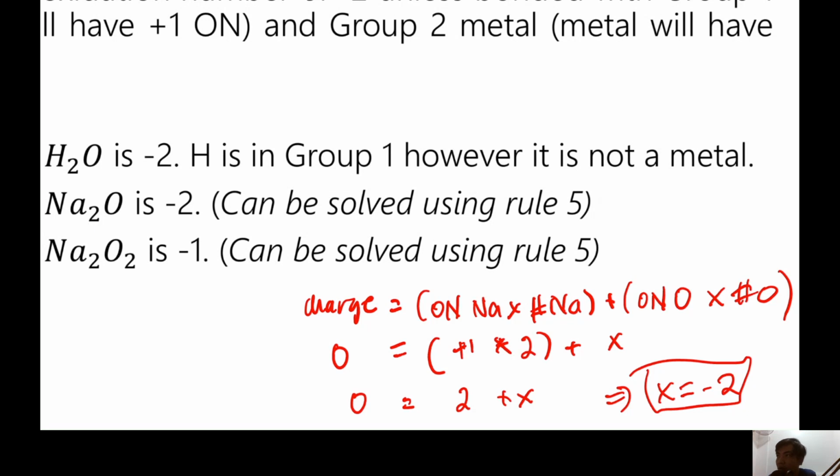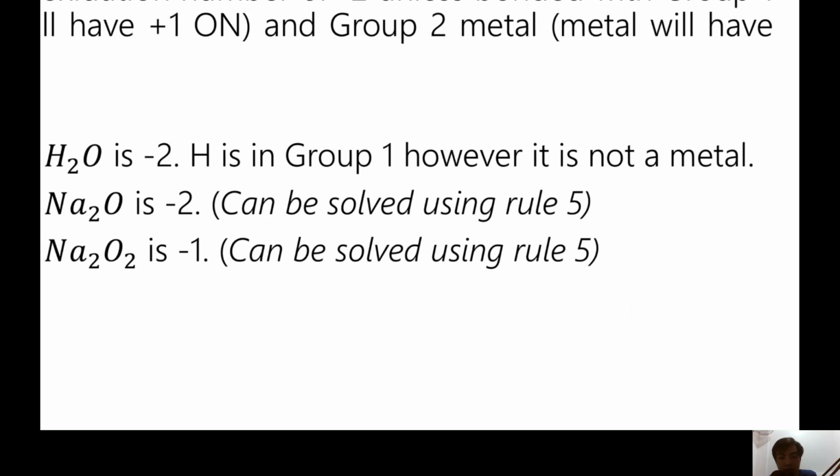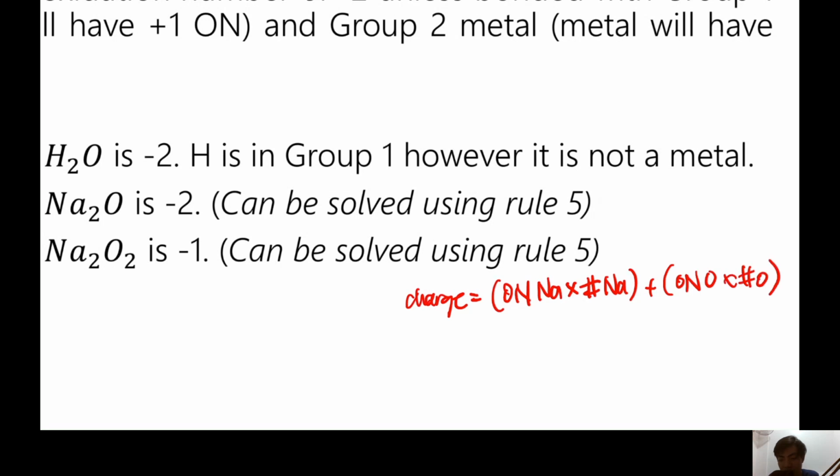So where does the exemption come in? For example, this last molecule, Na2O2. What is the oxidation number of oxygen? It says -1 there. So let's see if it is indeed -1. Again, the charge is equal to the oxidation number of sodium times the number of sodium, plus the oxidation number of oxygen times the number of oxygen.